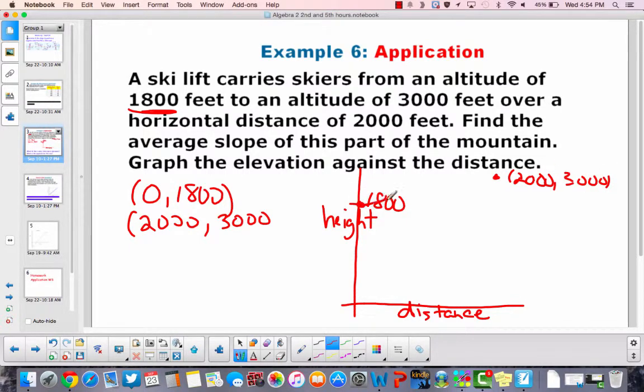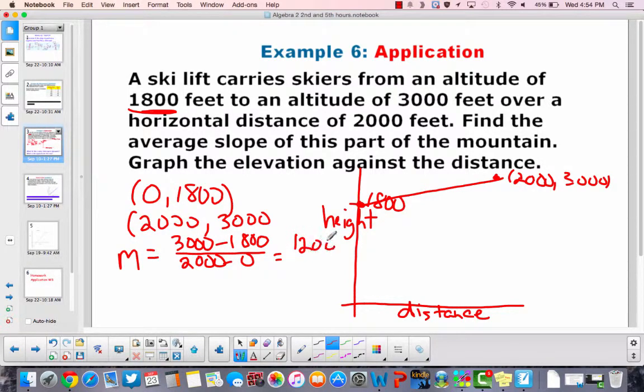It says find the average slope. So how do we find slope? Pause this video so you can do the slope. All right, have you had a chance to calculate the slope? It should have been m equals 3,000 minus 1,800 over 2,000 minus 0.